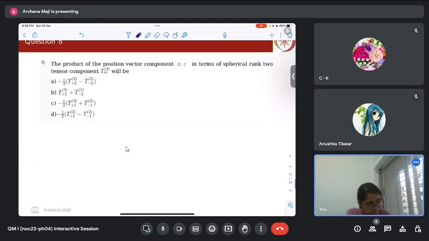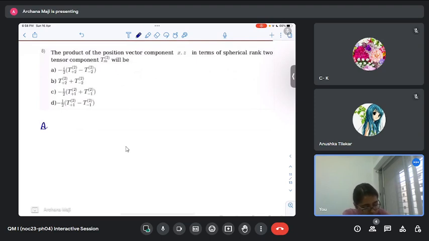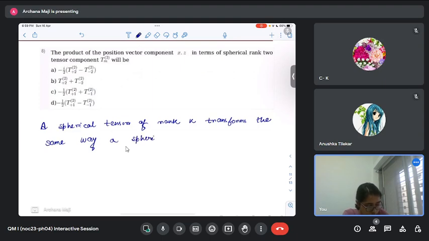Okay. So a spherical tensor of rank k actually transforms in the same way a spherical harmonic with L equal to k would transform.